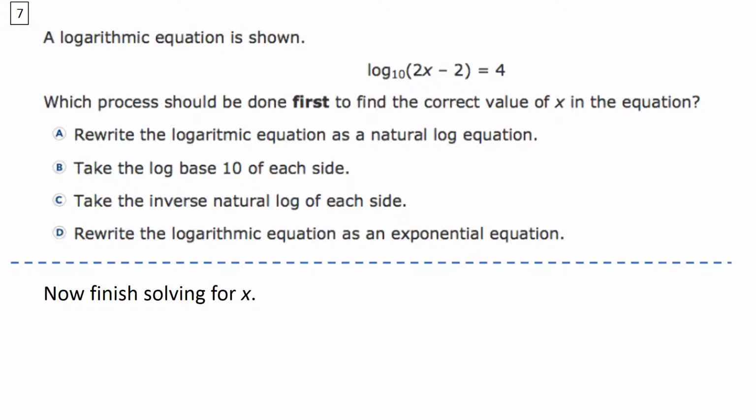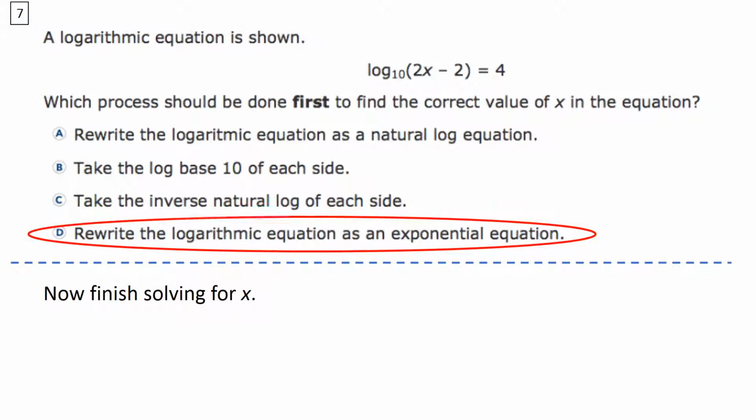Well, what does that even mean? Well, that means make both sides into exponents of e, but we don't want an exponent of e. We want 10 is our base, so that's the only base of an exponential we want to make. D, rewrite the logarithmic equation as an exponential equation. Well, that's the only thing we've done with logarithms, so that's what we're going to do with it here.